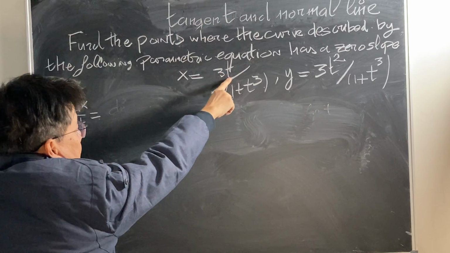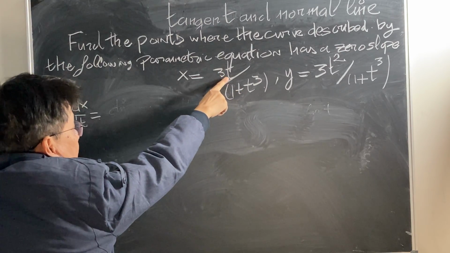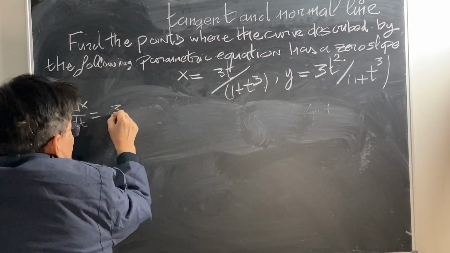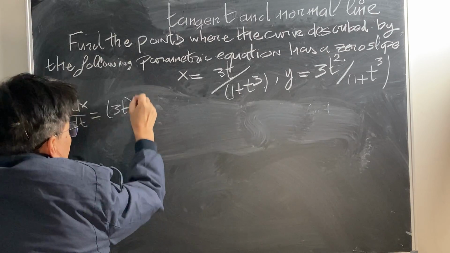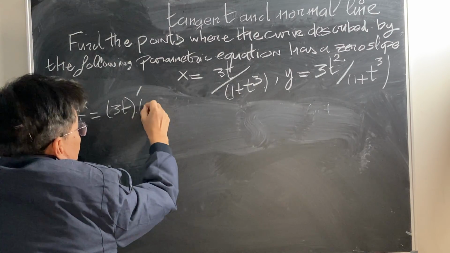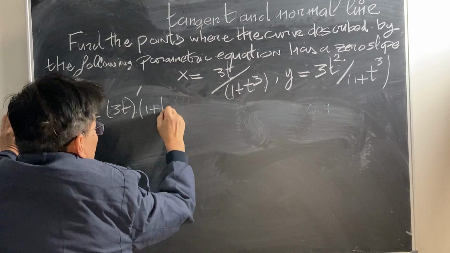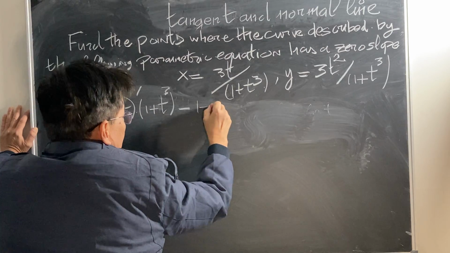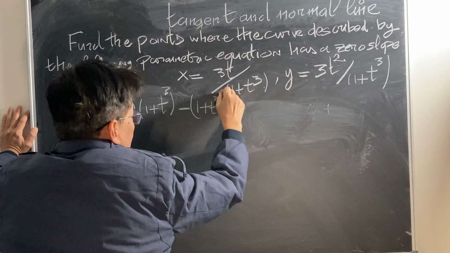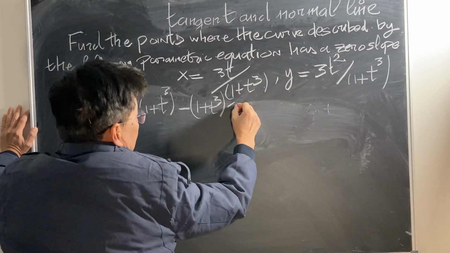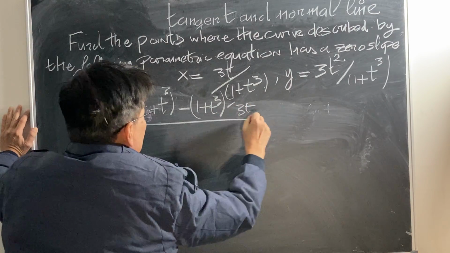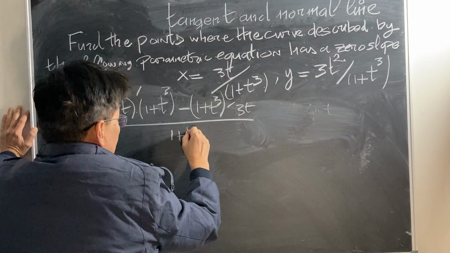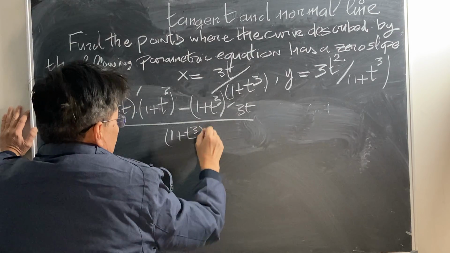You have the derivative of the top, 3t, times the bottom 1 plus t cubed, minus the derivative of 1 plus t cubed times 3t, and divide by the bottom squared, the denominator squared.